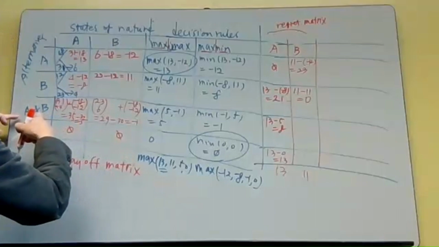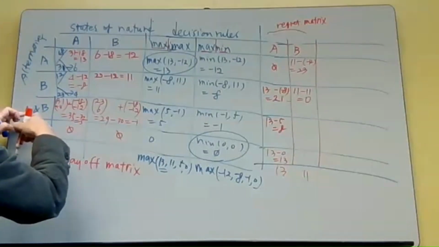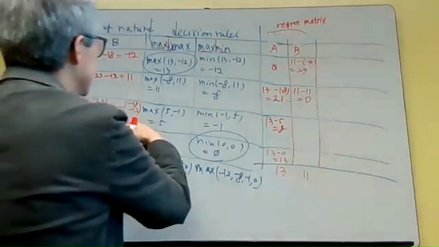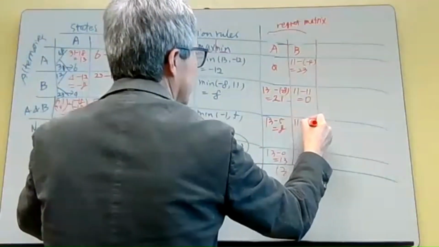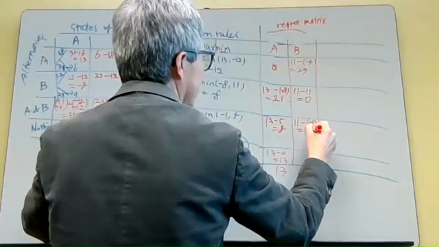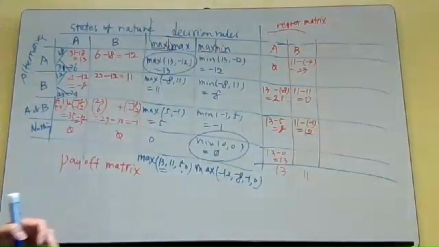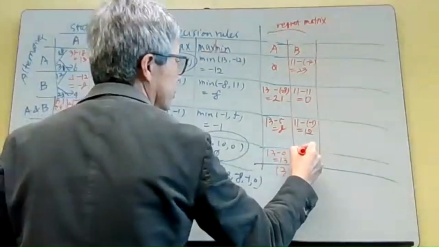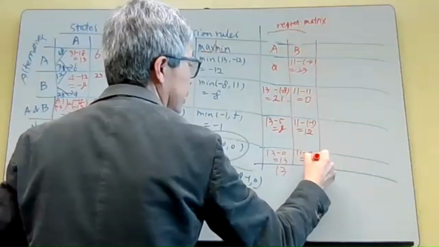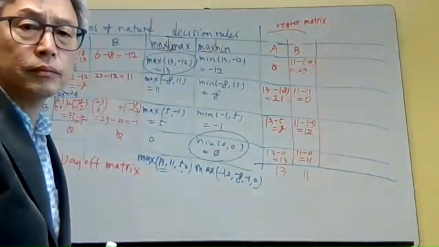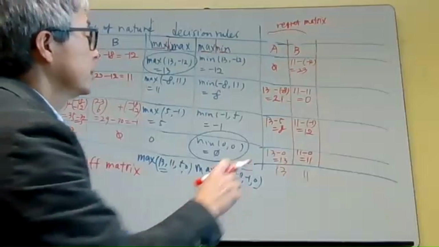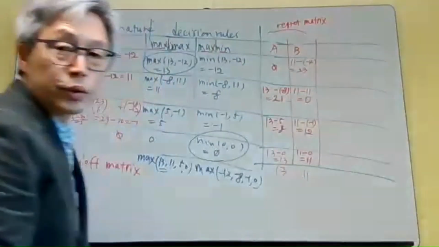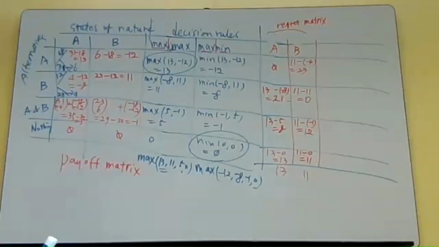If you buy parcels at both location A and B, it's going to be minus 1. So 11 minus minus 1 equals 12. If you buy nothing, it's 0. So 11 minus 0 will be 11. This is your regret matrix, which is opportunity loss.